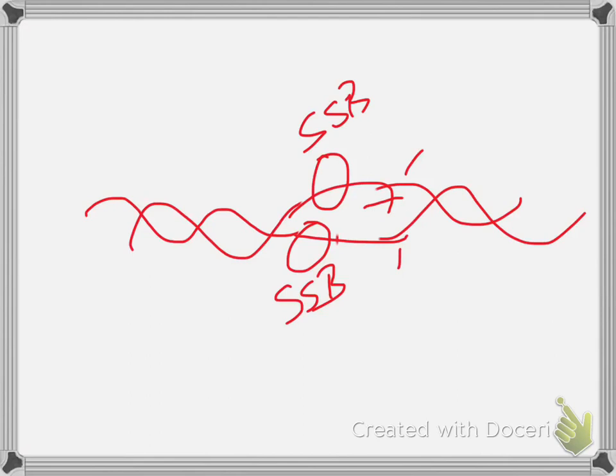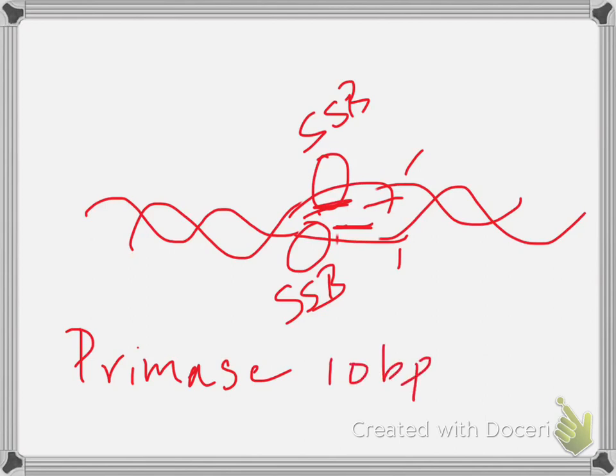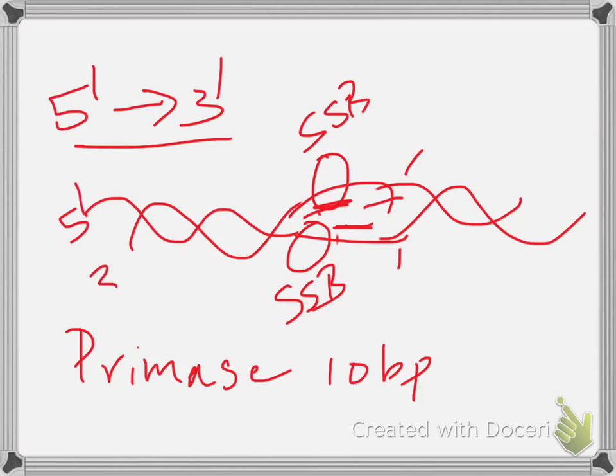Then the primer is synthesized by the enzyme primase. The primer is a short RNA or DNA segment, approximately 10 base pairs. The direction is always 5' to 3'. The newly synthesized DNA is always in the 5' to 3' direction.